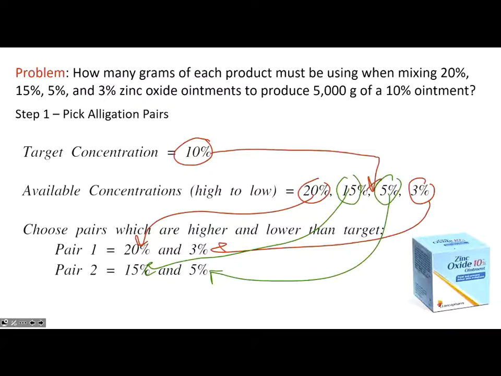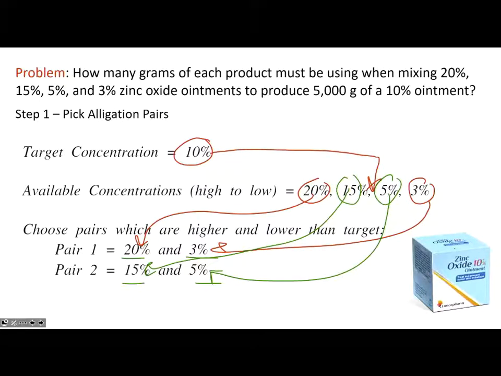You could have combined those in any combination, so long as one concentration is higher and one concentration is lower, and so that you do use up each ingredient in at least one of the alligations. So again, you could have alternated those, but you need to have one higher and one lower. And I have used all 4 in my pairs, and I've always got one higher and one lower than the target. Okay? So I've picked my 2 pairs.